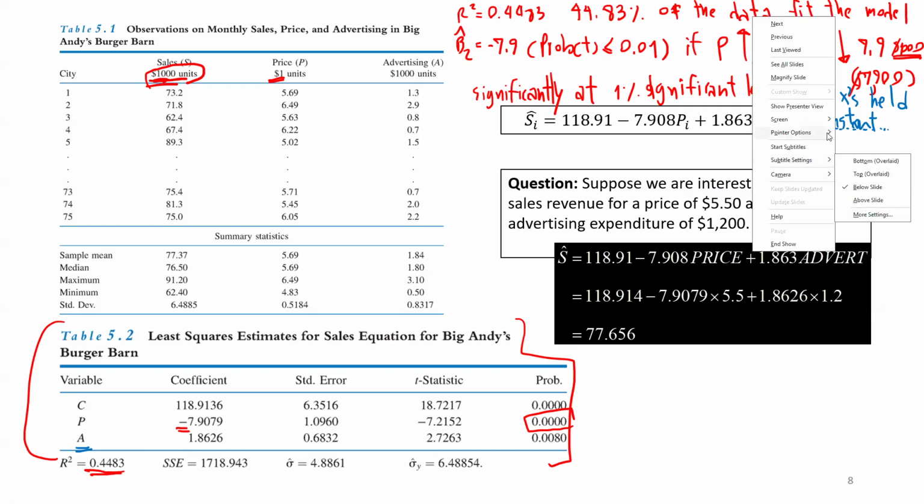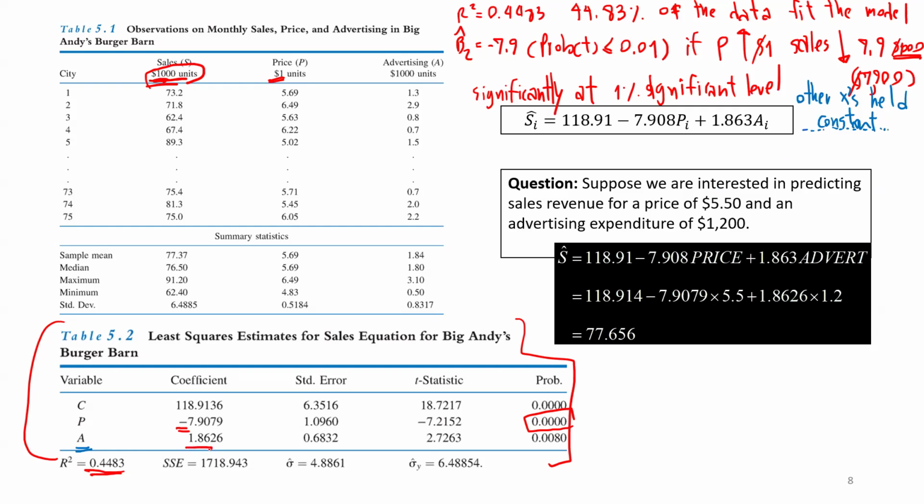One more time, how about the 1.86 here? The 1.86 means beta 3 hat equals 1.86, and the probability here is less than 0.01.